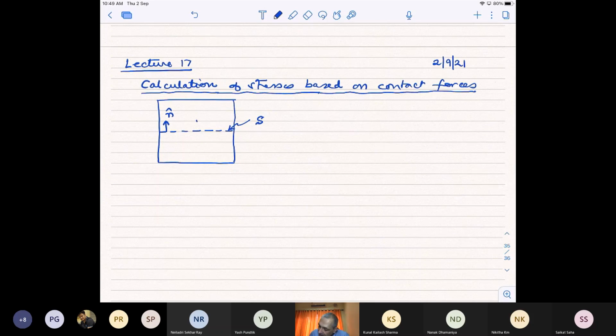So the only stress that can happen is if we have particles which are spanning this surface. One particle is on one side of the surface, the other particle is on the other side of the surface, and there is a force acting from one particle on the other.